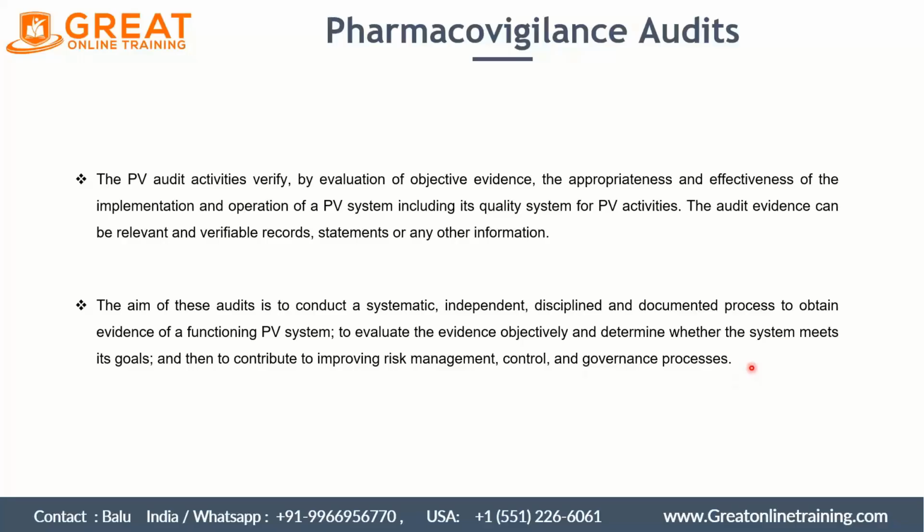So like I said, they will review all the processes, and if you are not following them, they can provide you the findings from the audits, and we have to give our root cause analysis, like why we are not following it, and we have to provide the corrective action and preventive action, and follow up on that, whether we are following the processes or not. So this is how the entire pharmacovigilance audit process works.